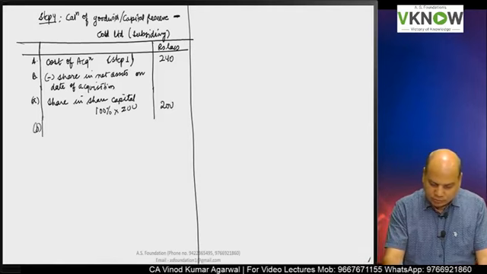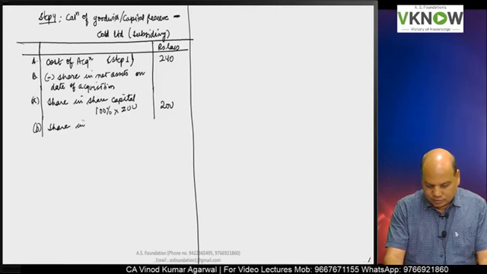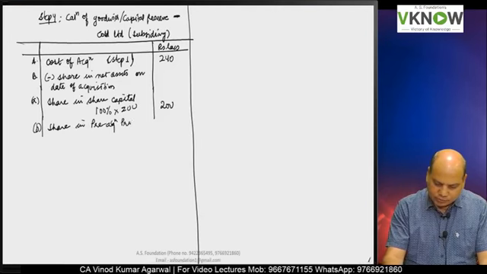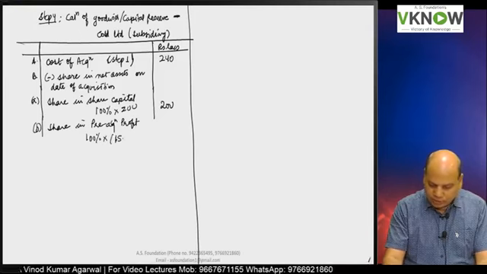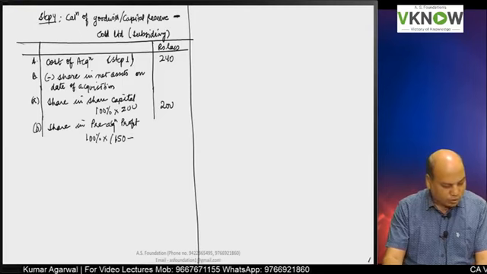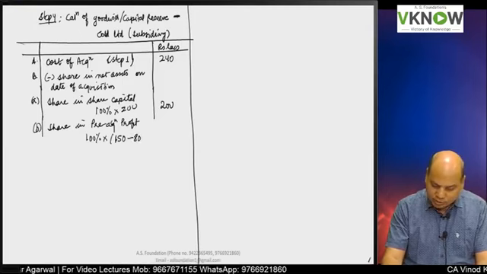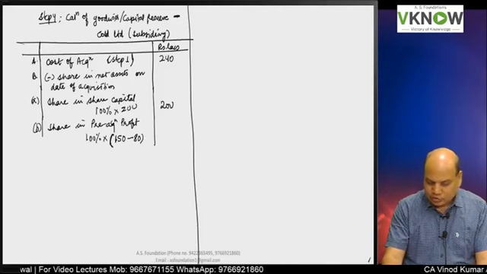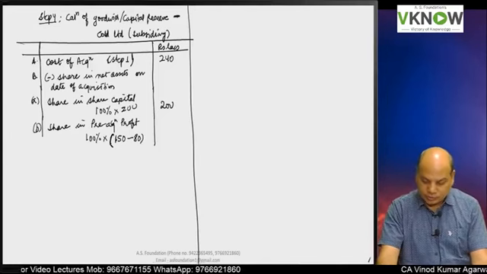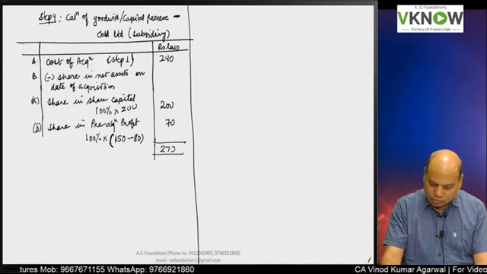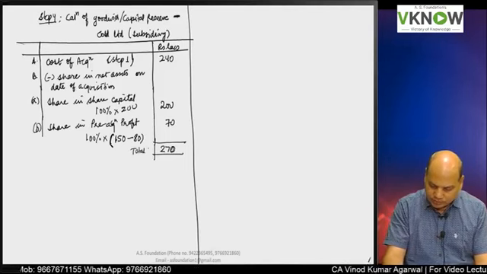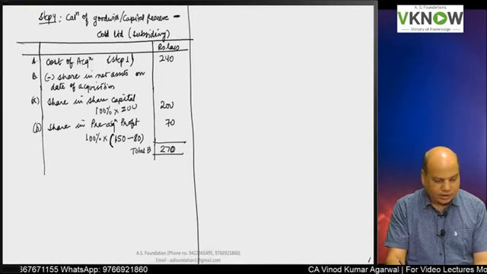And B, write down share in pre-acquisition profit, 100% of total profit in the balance sheet is 150. Out of that, current year profit is 80, which means 70 was pre-acquisition profit. So 70. This total is 270, total B. So this time we have a capital reserve.